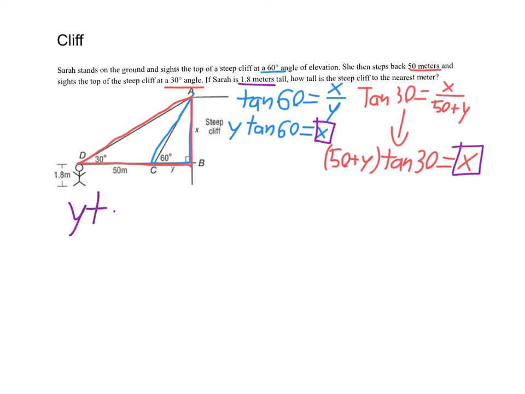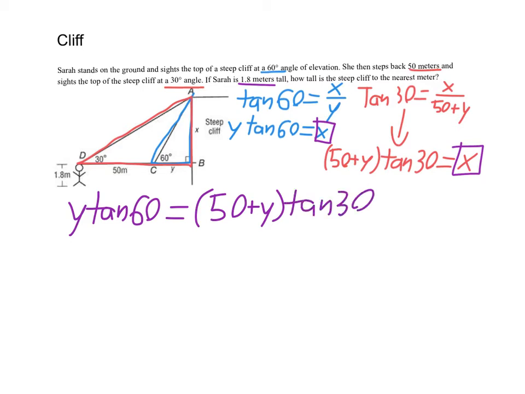Y times the tangent of 60 is equal to, parentheses, 50 plus y, times the tangent of 30. I'm now going to distribute this tan 30 into this parentheses, onto that 50 and onto that y.